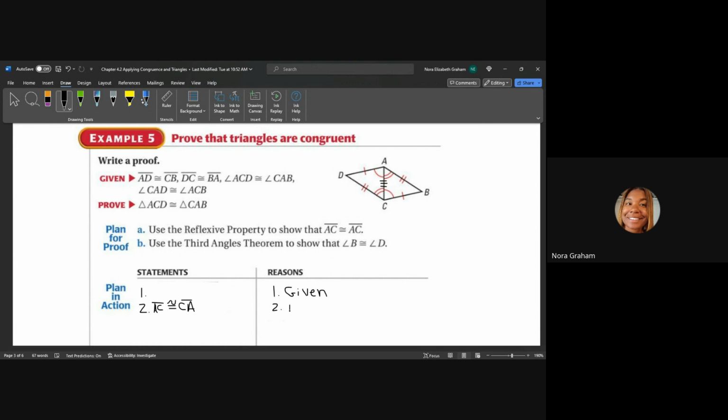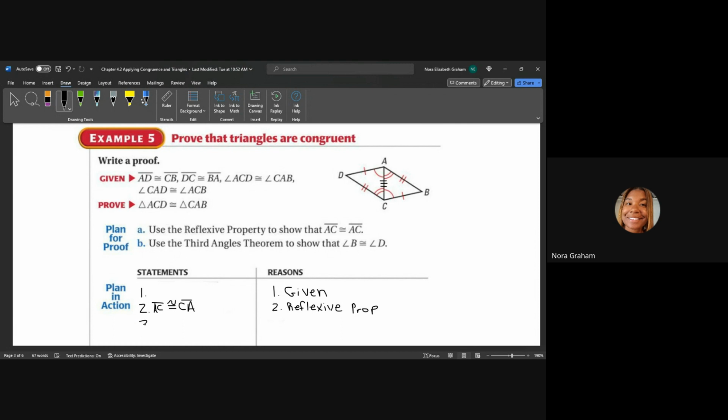That's reflexive. And I believe that property we did see in chapter 3. Reflexive property. All right, so that's it for our sides. Now all our sides are congruent.